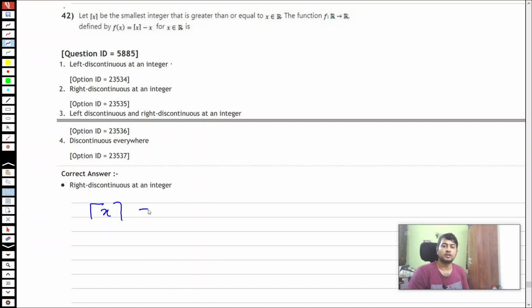Suppose I want to find the smallest integer of 1.7: the smallest integer that is greater than this is going to be 2. And the smallest integer of minus 1.7, the smallest integer which is greater than minus 1.7, is minus 1.